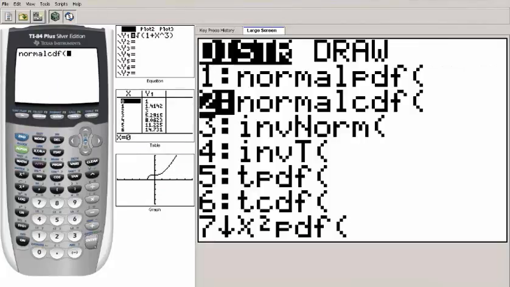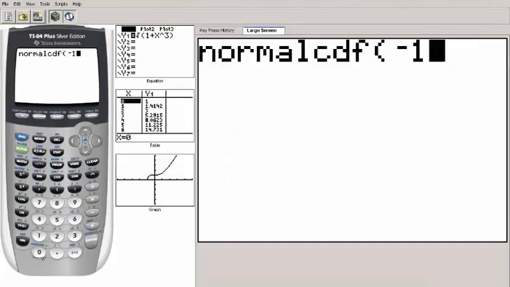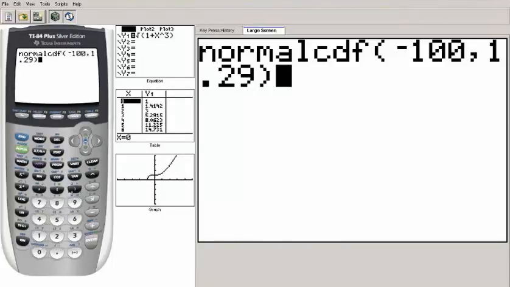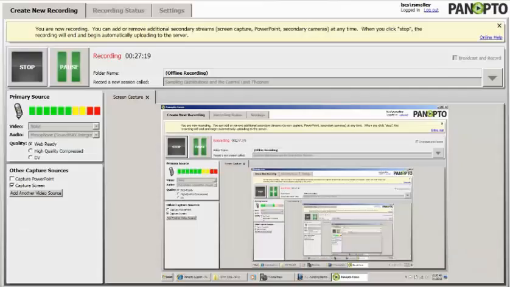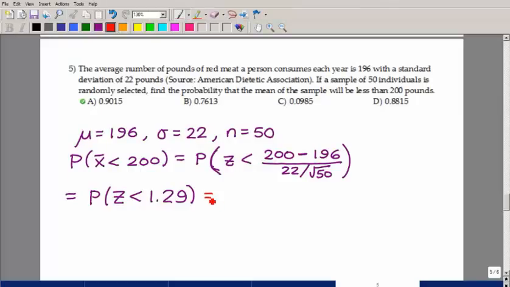I'll go second. Now, I have to start this off with negative 100, representing the idea of negative infinity, up to the value 1.29, like so. Enter. Looks like about 0.9015 would be my probability that X bar is less than 200.